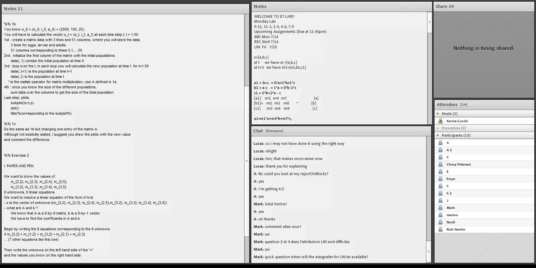Then the next element in the unknown vector x is m23, and this comes with a -1, right? Because in the previous equation we had minus m23. Then the third element in my x vector is m24, and m24 doesn't appear in the equation just above, so it comes with a 0, etc., etc.